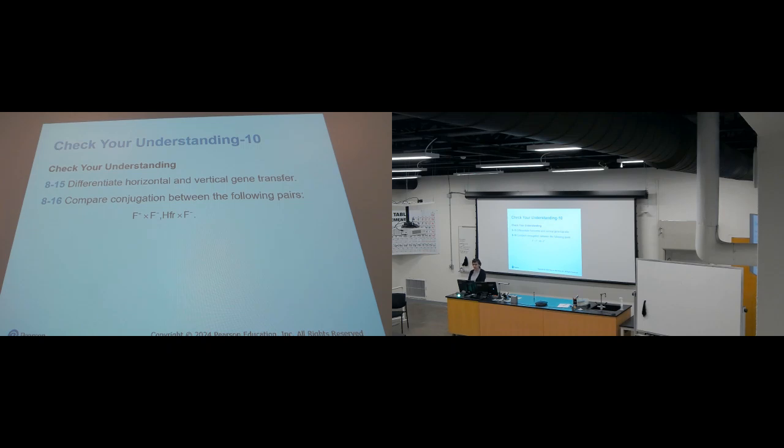And now, what is the difference between conjugation of an F plus to an F minus bacteria and from a high frequency bacteria to an F minus bacteria? And go by the result if you want. Like what would happen to the F minus in each case?